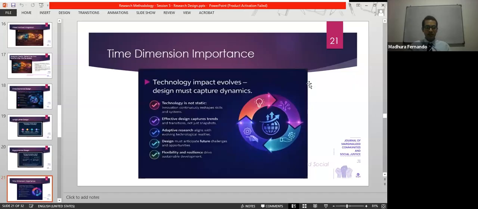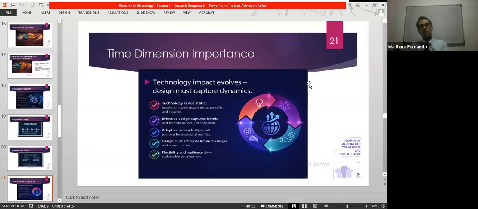Okay, and design must anticipate future challenges and opportunities. Now, with different designs, depending on your context, depending on your scope, depending on your purpose, you can decide what is the design you are going to employ, and that design helps you to handle that particular research problem, right? There are different research problems, technological research problems, social problems.